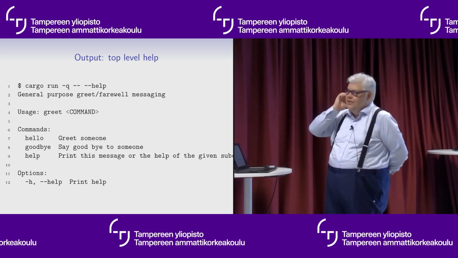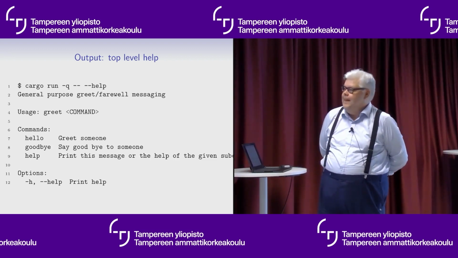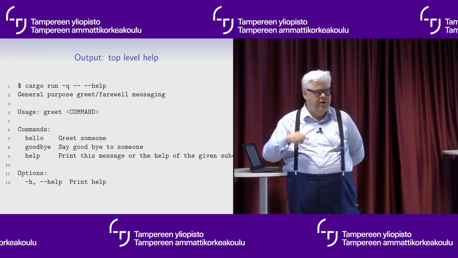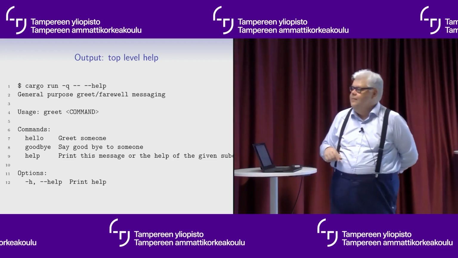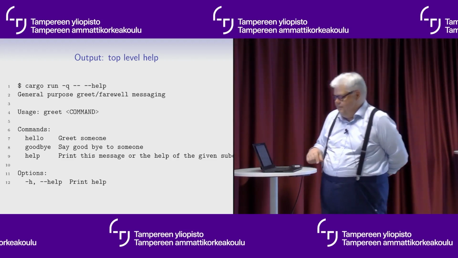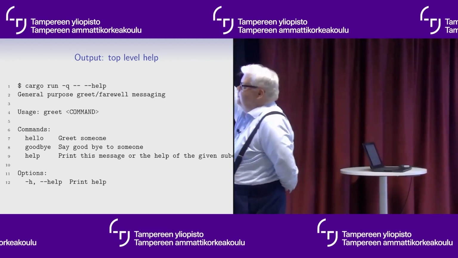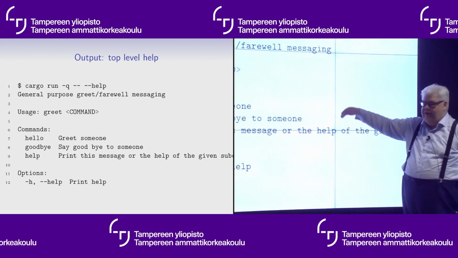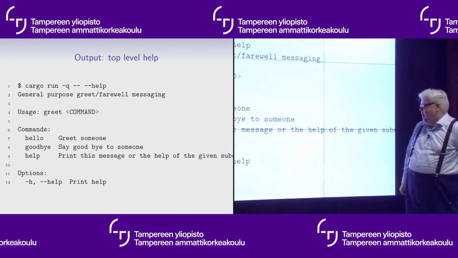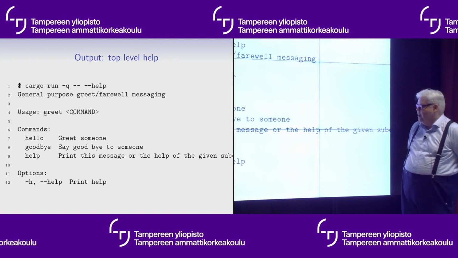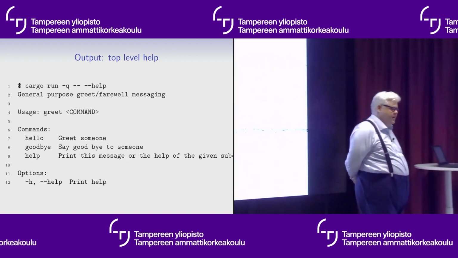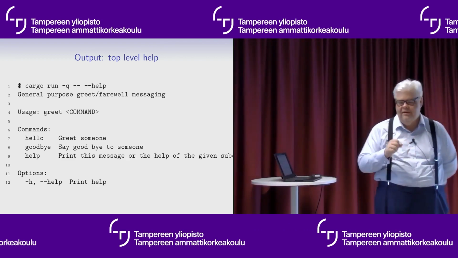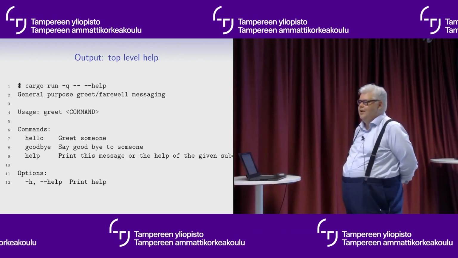So, examples of how this looks when a user runs this. Clap always defines a --help, also -h as an alias, and this text comes from the docstring. There are subcommands with docstrings, and an extra help subcommand because that's also good practice. Some people are too lazy to write --help; they just want to write help without dashes.